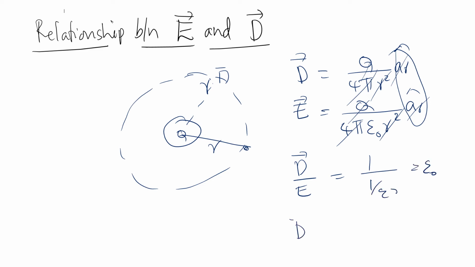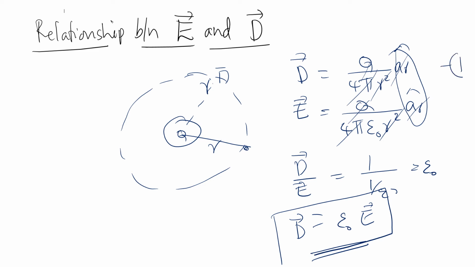So D is equal to epsilon 0 times E, right? This is a very important relationship. So what you have to do is write the expression of D, write the expression of E, and divide those equations. You will get the relationship between D and E.